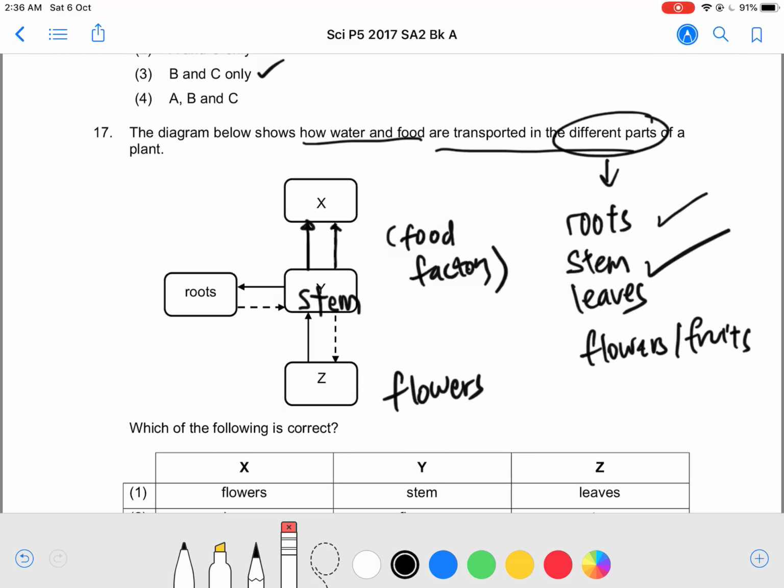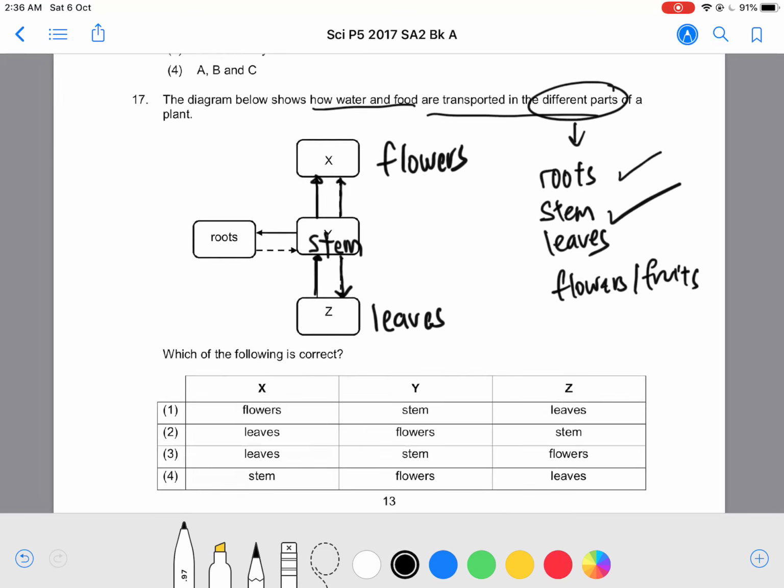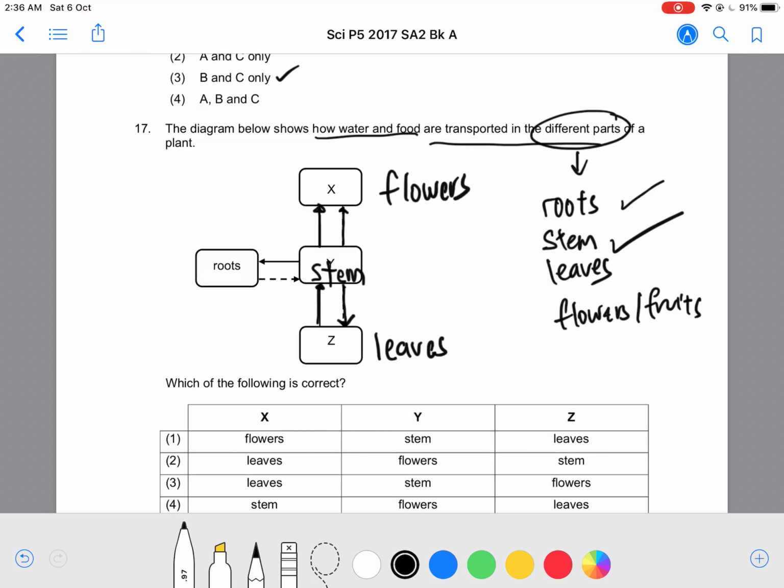So I can already say this cannot be the leaf. The only part that can be a leaf will be here, because you are making food and also bringing it back to the stem, and the stem is also bringing water to the leaves, whereas this one is the flowers. So the option here will be number 1: flowers, stems, and leaves. All these are short notes that I'm making.